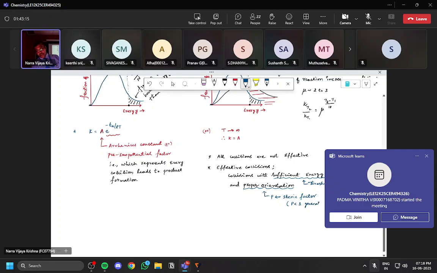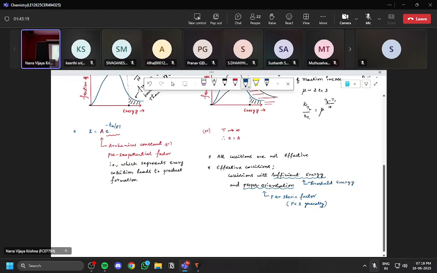So collisions in proper direction with sufficient energy only convert into products. If you want to compare these two ideas, we can write K as P into Z into e power minus EA by RT.